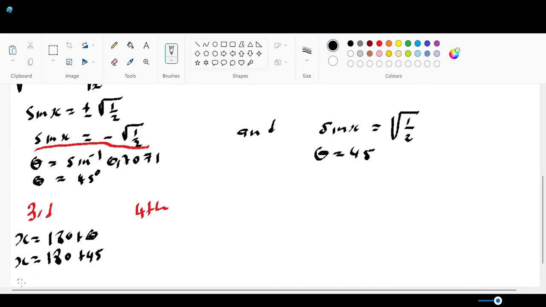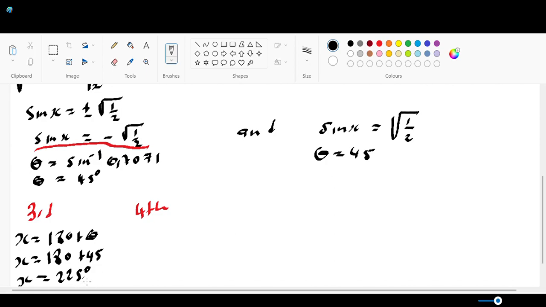Remember, we got 45 here, so we're going to use that acute angle. So 180 plus 45, let me put it in the calculator, should give us 225 degrees.